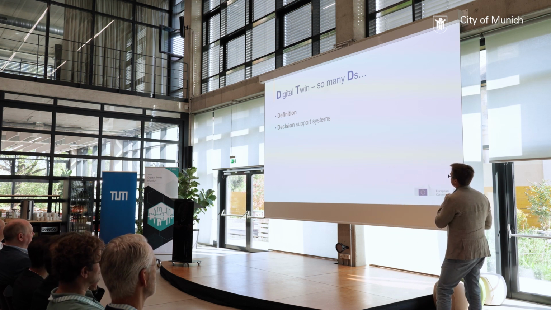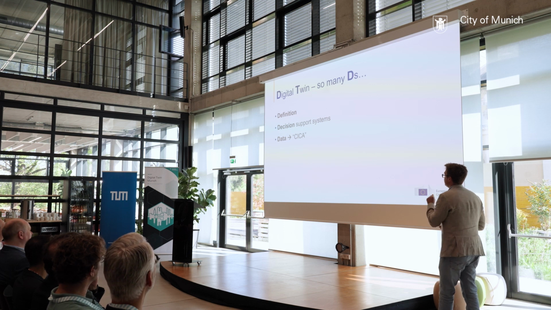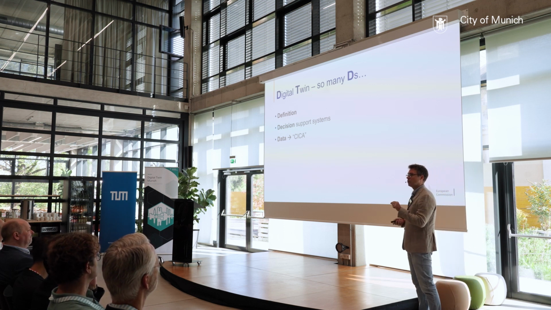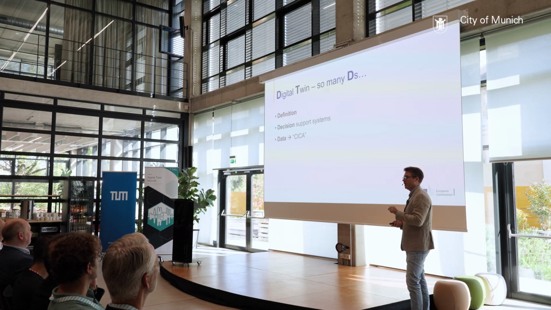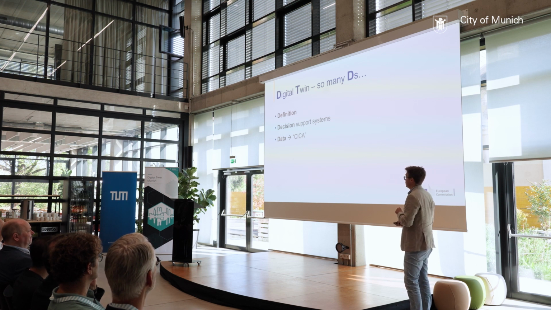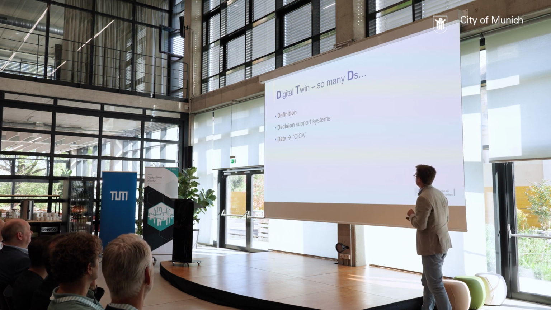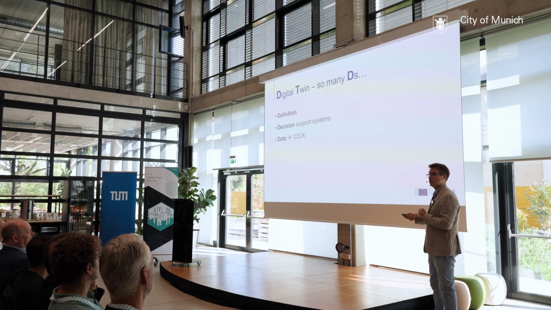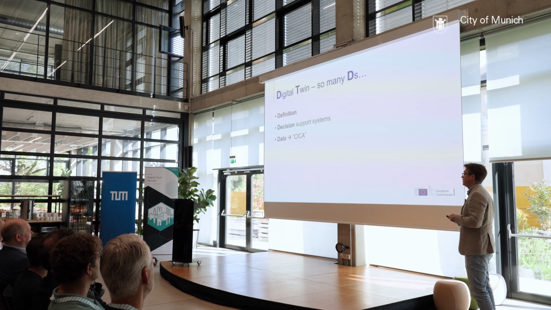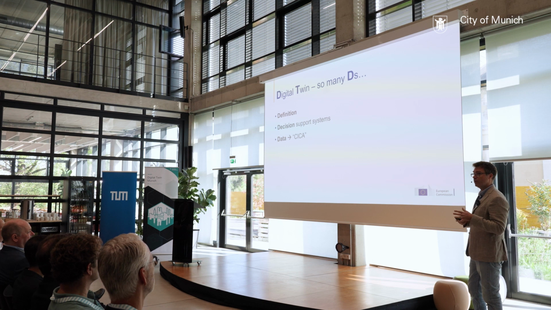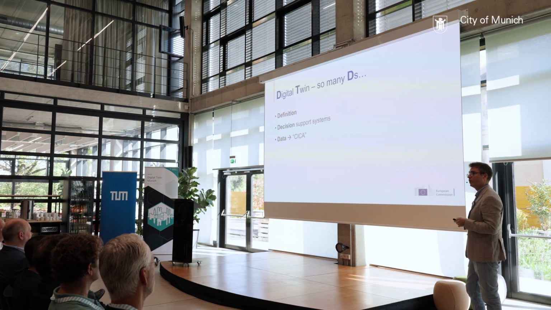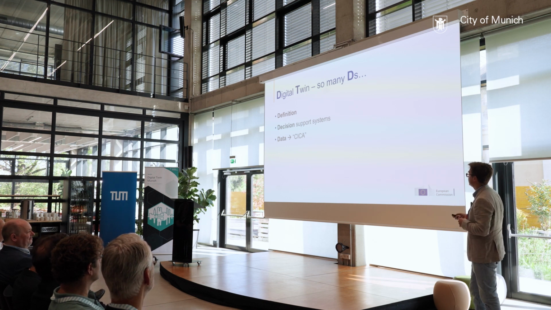So this is one of the Ds, but obviously these decision support systems can just work properly if the data that goes in is actually good, and it's crap in, crap out. We cannot expect that the model delivers something good if we didn't do our homework before and get the data to feed the model properly in the first place.